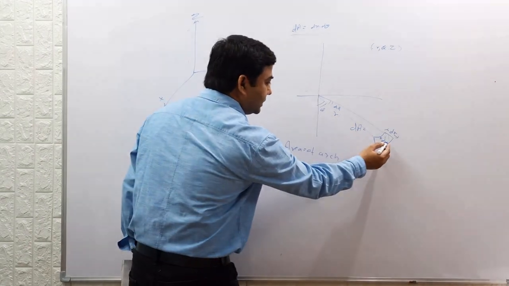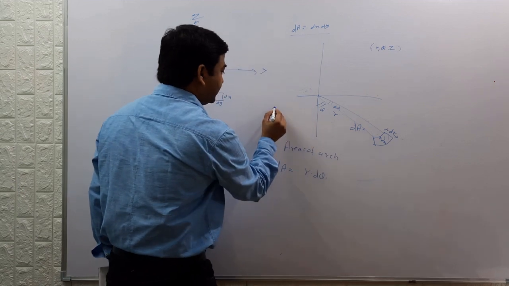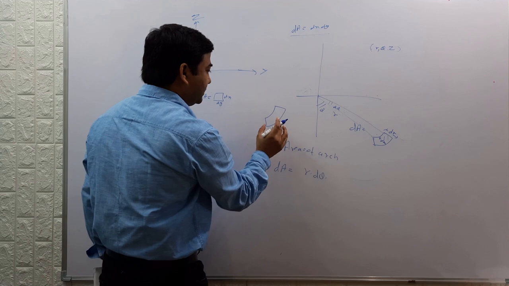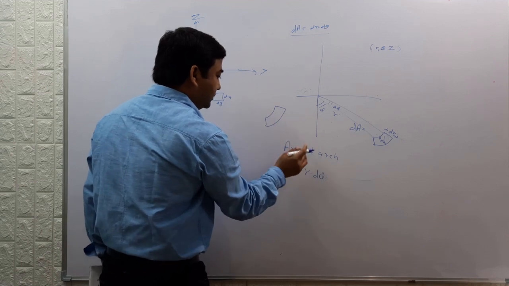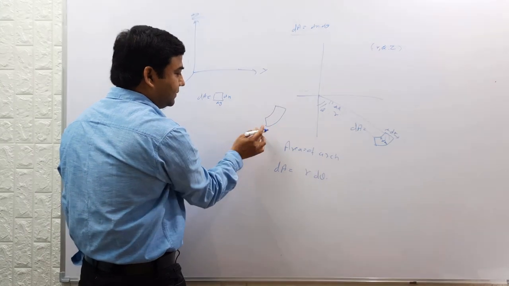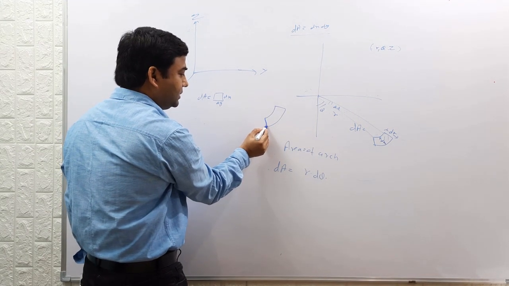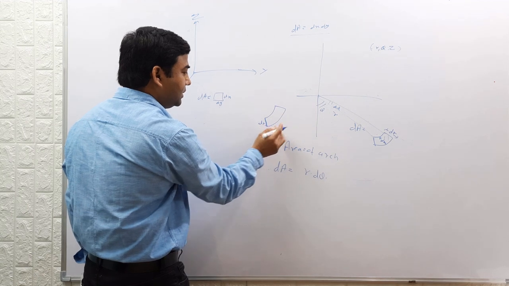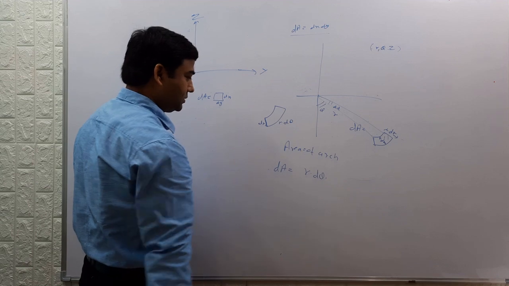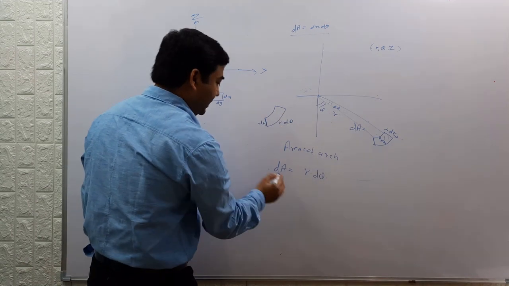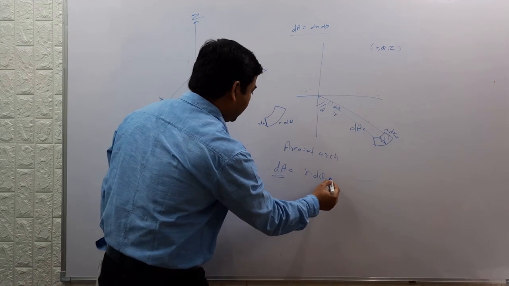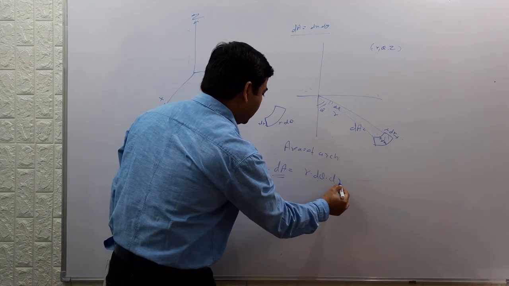Actually this is arc shaped, but since the shape is very small, we can approximate it to a rectangle with one length dr and the arc length r d theta. So the area dA of this arc is r d theta times dr.